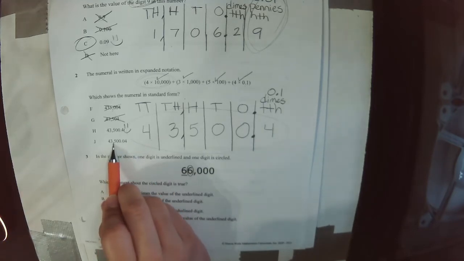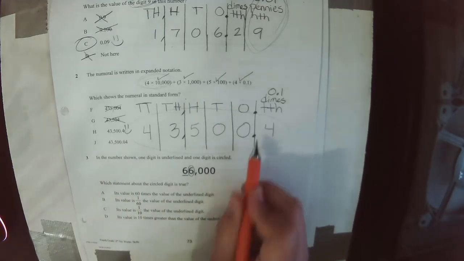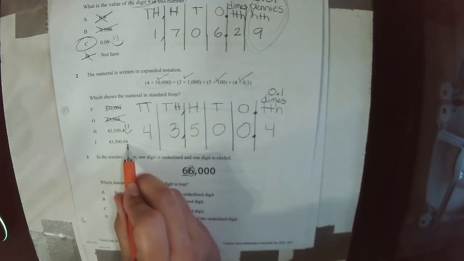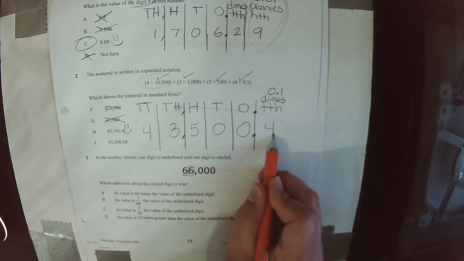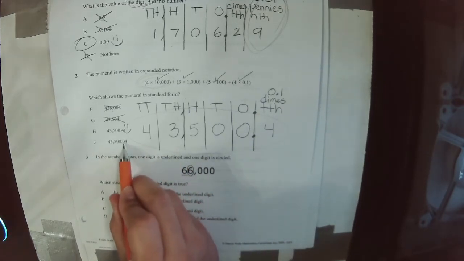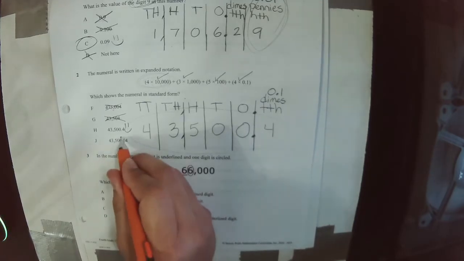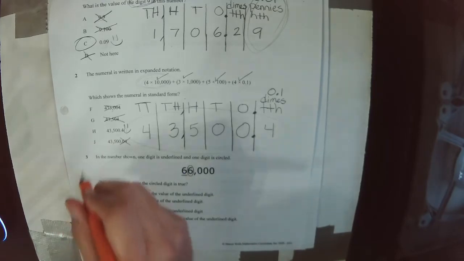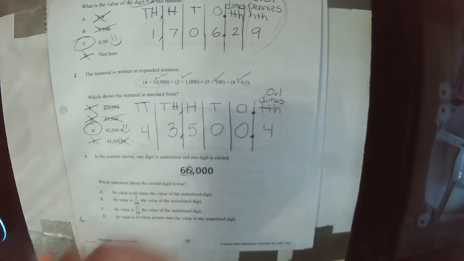Got the 43,000 part. Got the 500 part. It does have a decimal, but look at what they did. Instead of 0.4, they have 0.04. That is not correct. So it's not F, it's not G, not J. It is H.